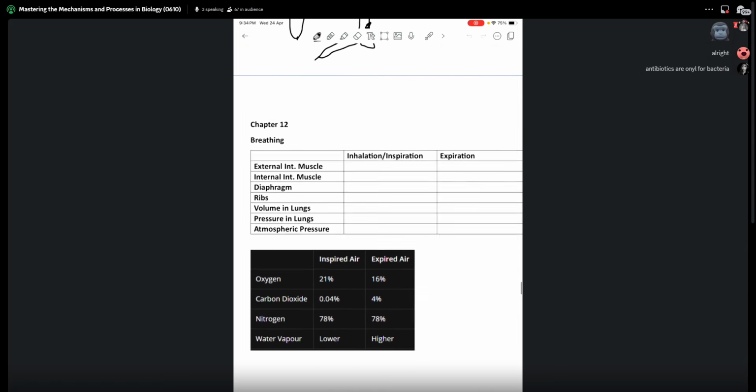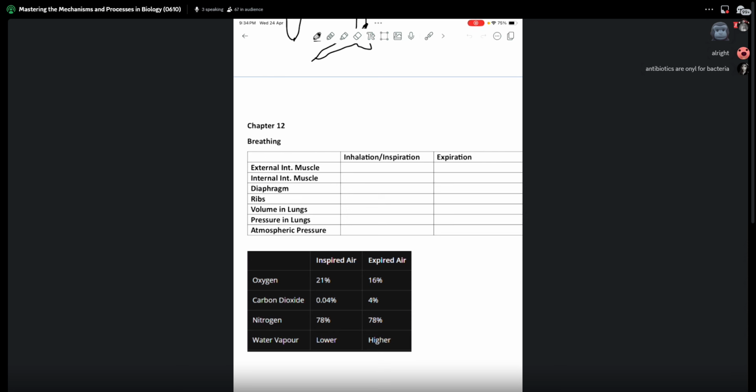Okay, so breathing, very important. This process: inhalation, the external intercostal muscles will contract. The internal intercostal muscles will relax. The diaphragm will contract.